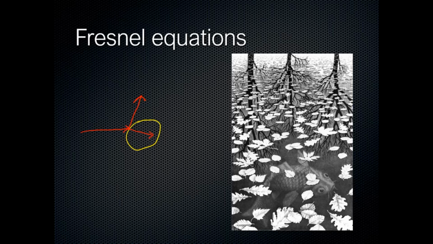So in this particular case, we have an Escher print, and we can see the fish under the water. We're looking down at the fish so that mainly refracted rays are being effective, and we're not seeing too much reflection on the surface of the water.